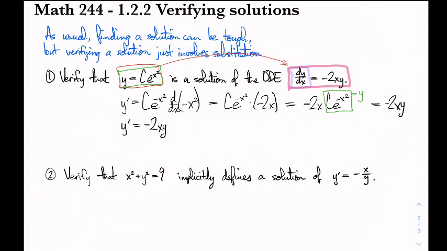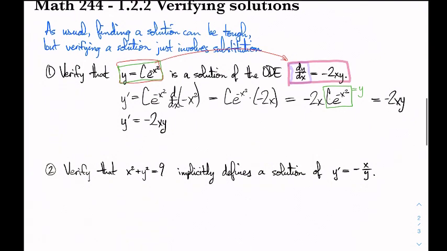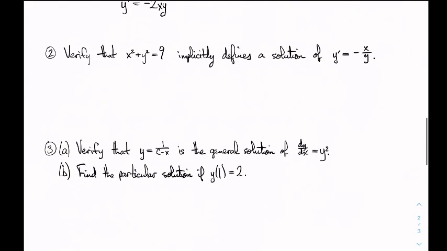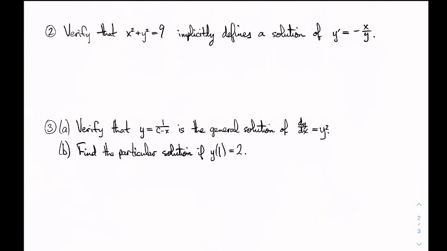Let's look at another example. This one says, verify that x squared plus y squared equals 9 implicitly defines a solution of the ODE y prime equals minus x over y. The word implicitly is your indication that you're going to need to do implicit differentiation. So you think of this as x squared plus y of x squared equals 9, because y depends on x.